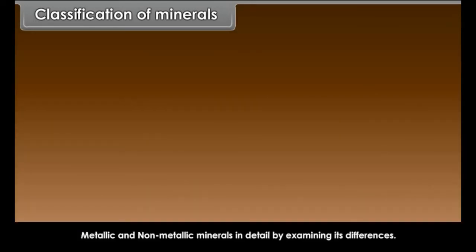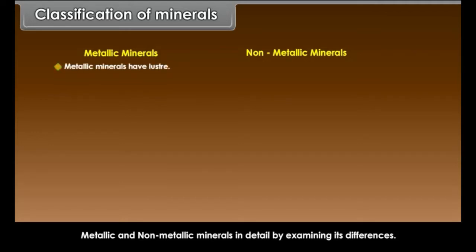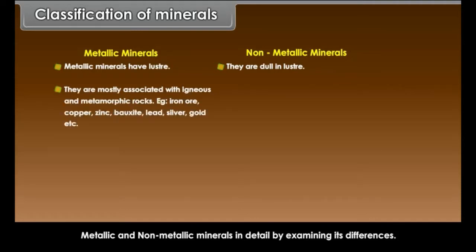Now we will study metallic and non-metallic minerals in detail by examining their differences. Metallic minerals have luster. Non-metallic minerals are dull in luster. Metallic minerals are mostly associated with igneous and metamorphic rocks.